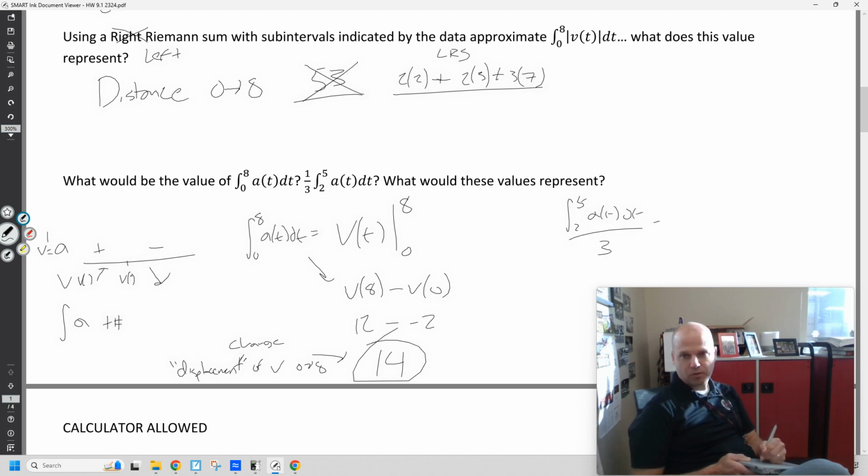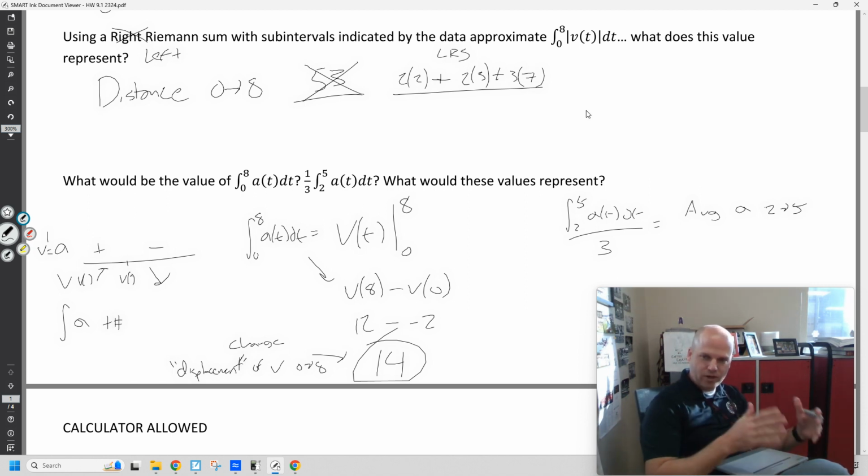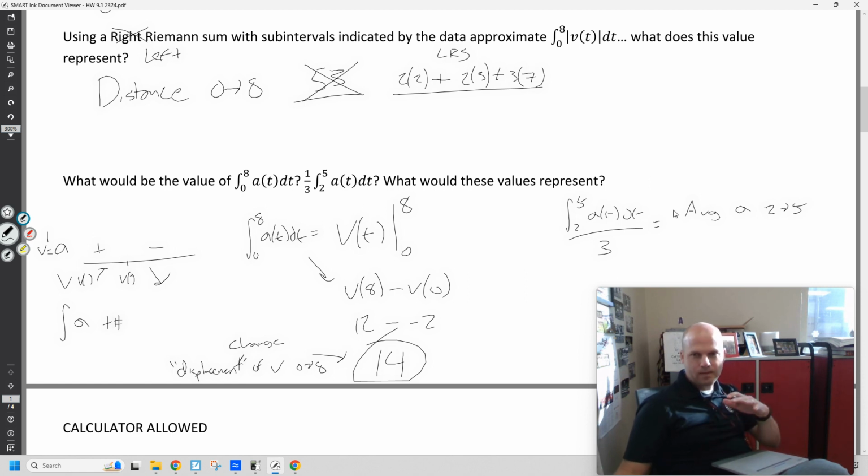We should be familiar with this as an average acceleration from 2 to 5. Now, this is where we go back to average rates of change of v. The rate of change of v is a, so this is just an average a. If you find the average rate of change of v, you'll find an average a.